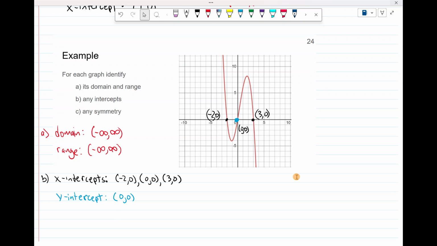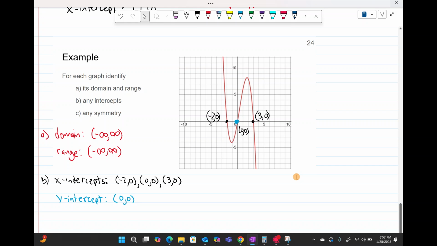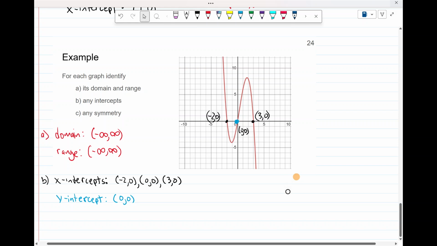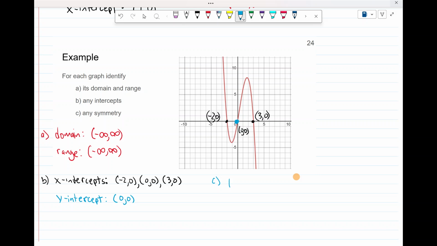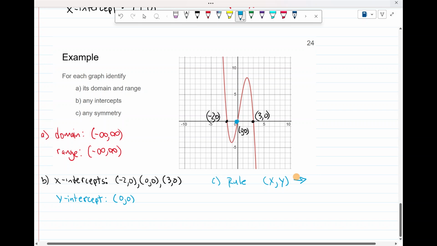The rule, if it does have symmetry about the origin, then the rule would be that for every point that is on the graph, the opposite point is also on there. So opposite x and opposite y would also be on there.